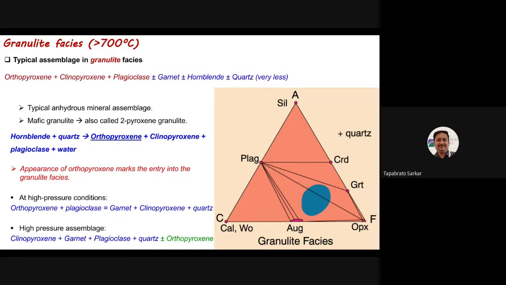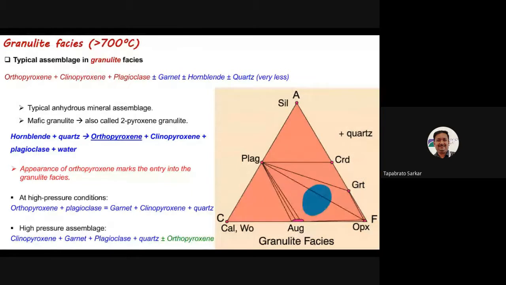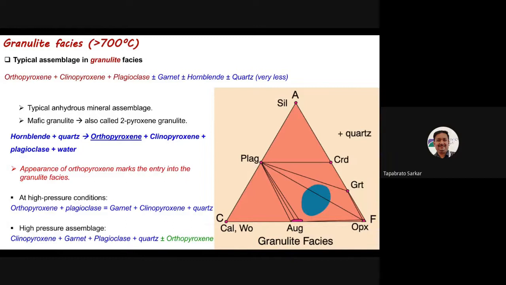You are absolutely right that we could call it only a granulite, and there is no point in saying mafic, because by granulite we should actually mean that it has come from a mafic rock. But unfortunately this term granulite is commonly used for other granulite facies metamorphosed rocks as well. That's why we very commonly say mafic granulite.